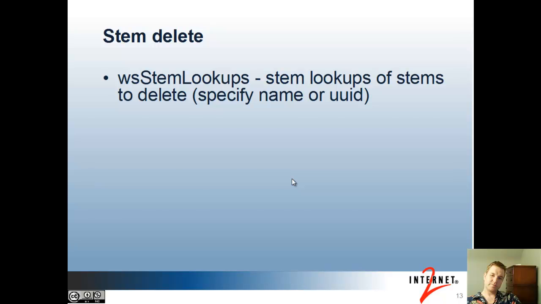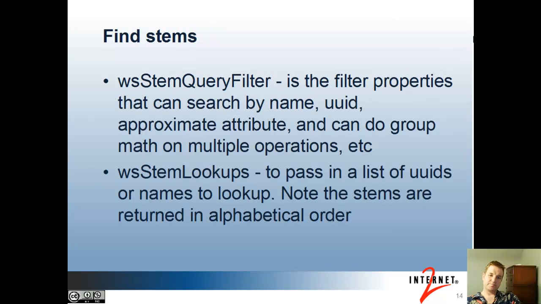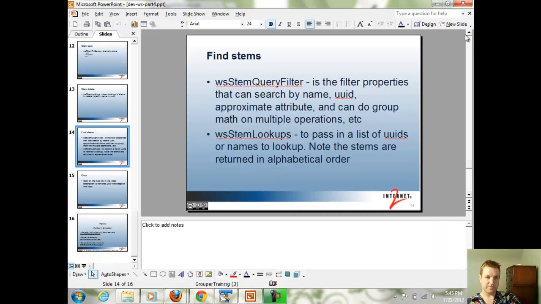Find stems is a lot like find groups. So there's a WS stem query filter, and just like the find groups one I just explained, you can search by name, UUID, approximate attribute, and you can do the group math on that and or minus whatever. So you could do, it matches this name or it matches this name, things like that. And let's just take a look at the Java doc on that one.